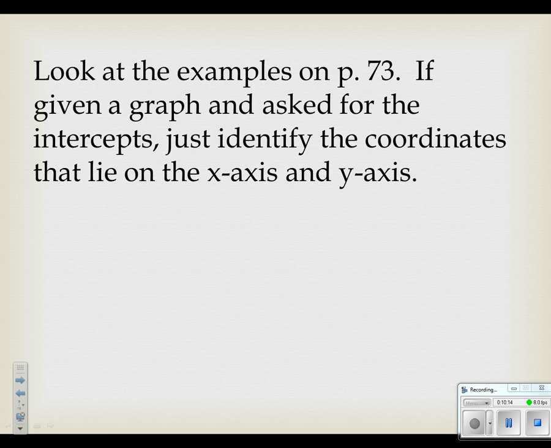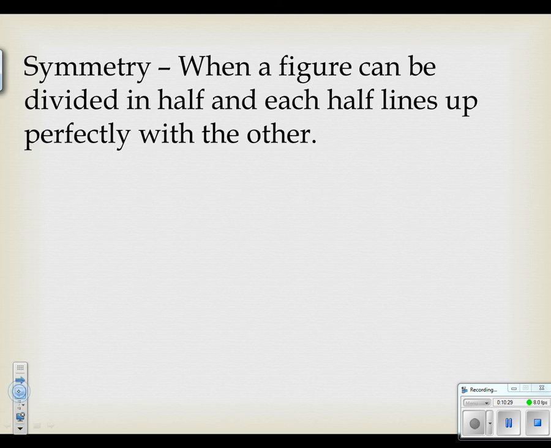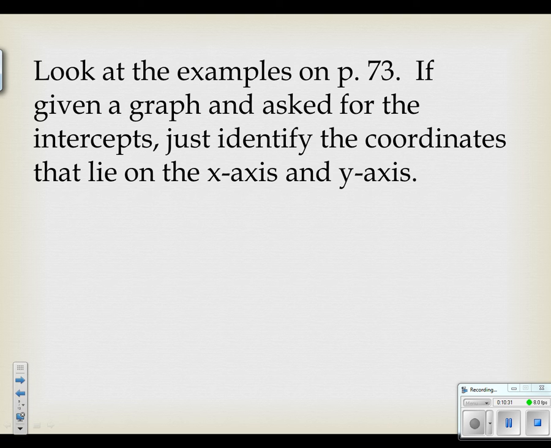Drop to the very bottom of the page. I did not redraw these pictures. You guys are just going to be hopefully following along in your book with me right now. Take a look at the parabola that's at the bottom of page 73. Identify the y-intercepts first. Okay, so I'm going to, on the board here now, while you're watching, write down a couple things. So we're at least all looking at the right answers here.